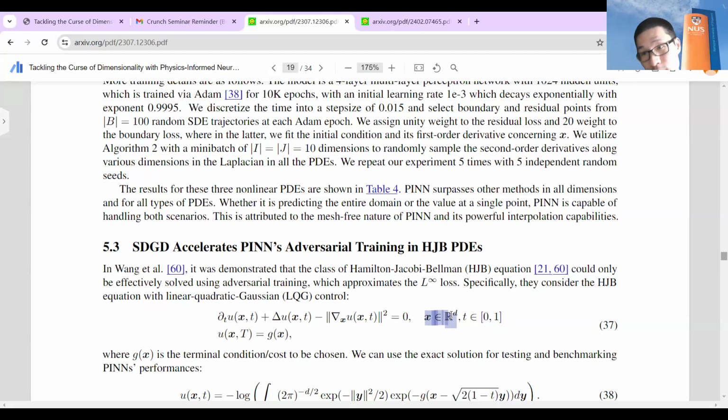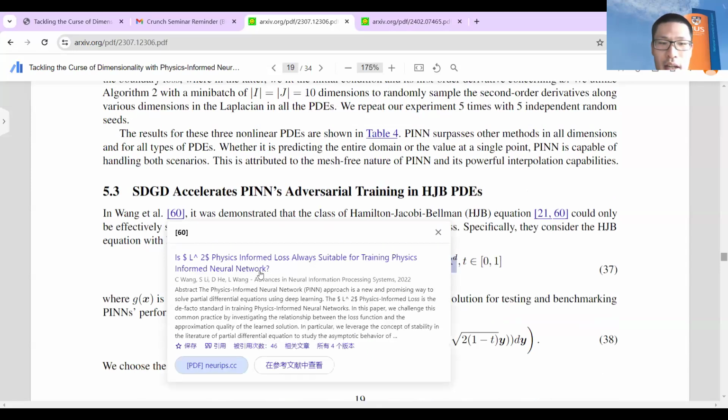But the surprising thing is that we can use PINN to solve PDEs defined on unbounded domains, and to the best of my knowledge, I don't find any reference proving that. Also, Wang's paper proved that L2 loss fails, but their proof is still based on a bounded domain, though actually they solve an unbounded problem. So I think that's about the domain.